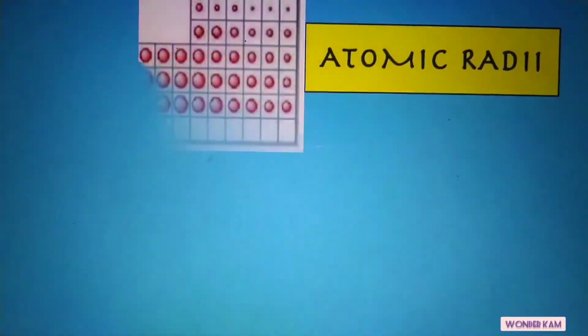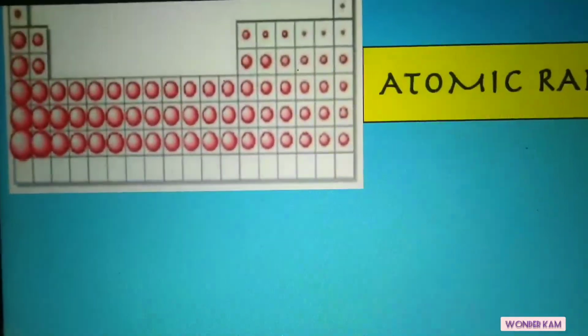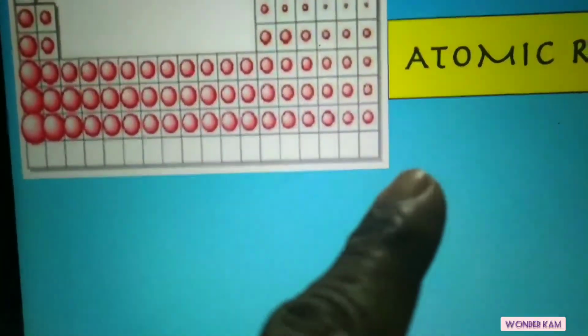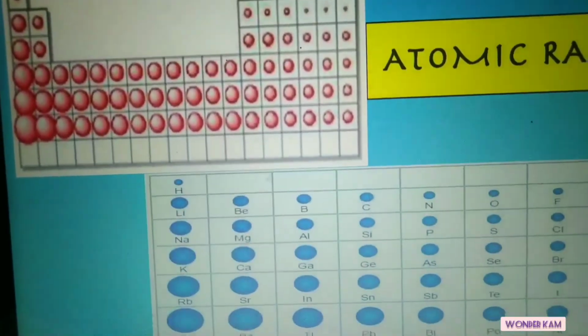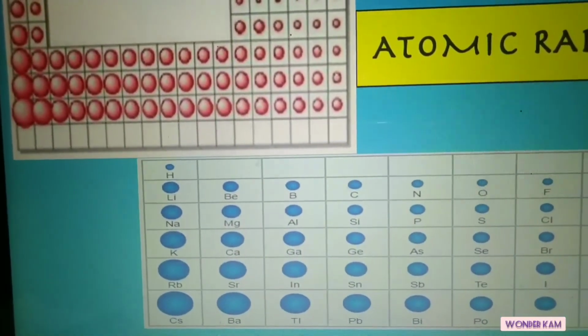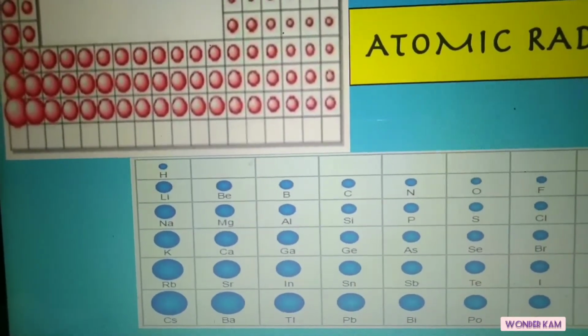Just have a look at the atomic radii of different elements in the group as well as the period. See in the group how the trend is increasing here, as I told you, and in this period it is gradually decreasing, isn't it? So this is how the trend for the atomic size or radii of different elements is in the periodic table.